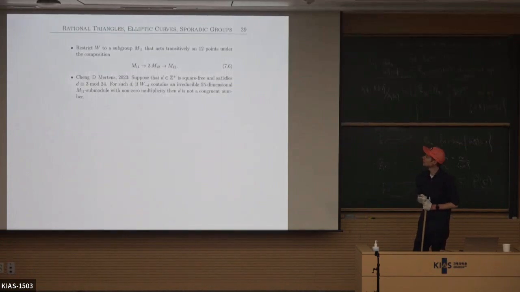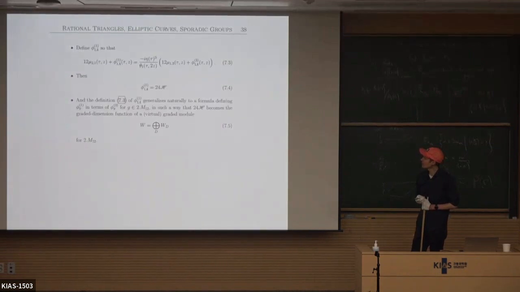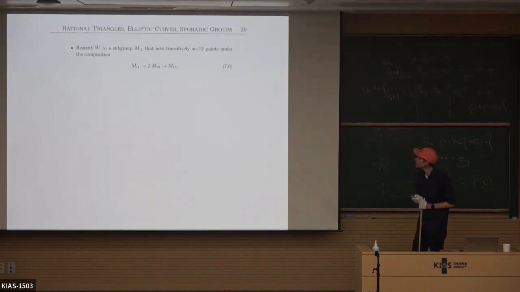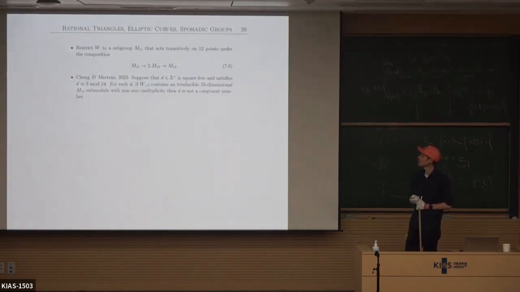Then there is a corresponding homogeneous subspace of this Hurwitz class number module W, and you can ask if a particular representation of M11 appears there or not, and if it does, then D is not congruent.